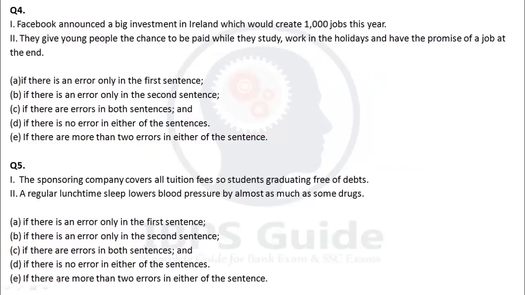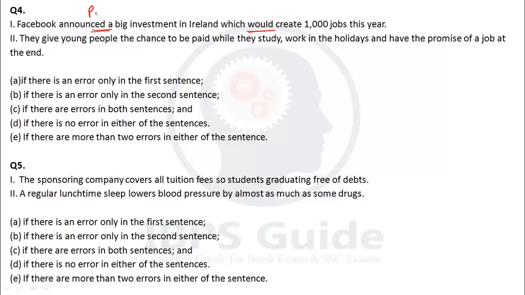Let's move to question number 4. Facebook announced a big investment in Ireland which would create 1,000 jobs this year. In the first sentence, "announced" is past tense, and "would create" is again past tense. So the continuation of tense is past.